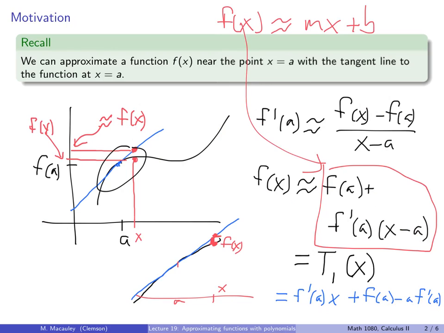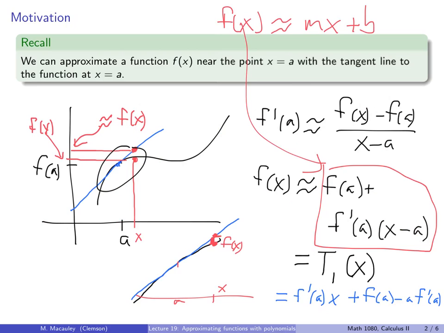So a little bit of a review. You've seen this before, and I'm just introducing you to what we're going to do in this section, which is take this a step further. The takeaway point from this slide is, given any continuous function, if you pick a point a, you can zoom in close enough, and that function looks like a degree 1 polynomial, which is a straight line.